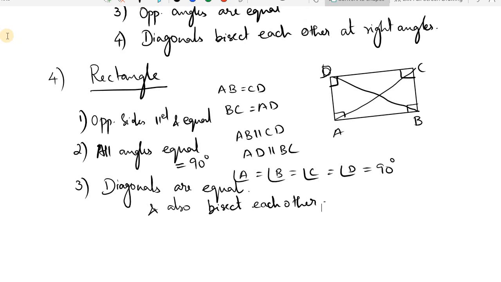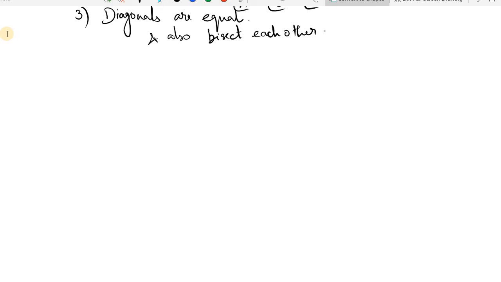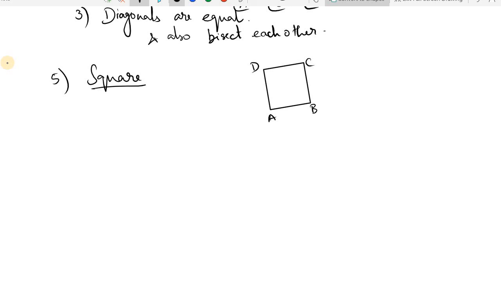Now let us go on to the next shape. The next shape that we will take is a square. So what all did we finish? The fifth one is square. A, B, C, D. So a square has all the properties of a rectangle, and a couple of things extra.